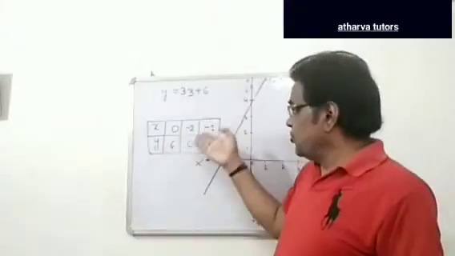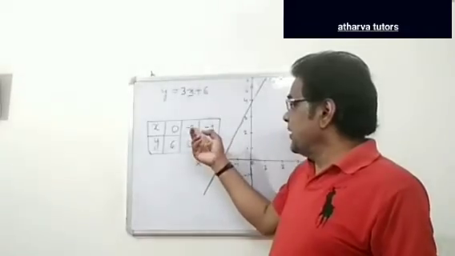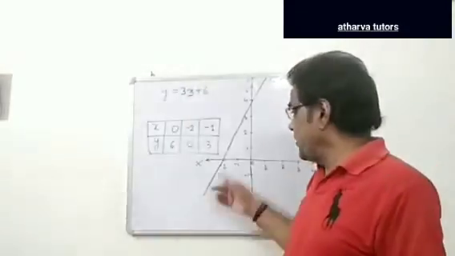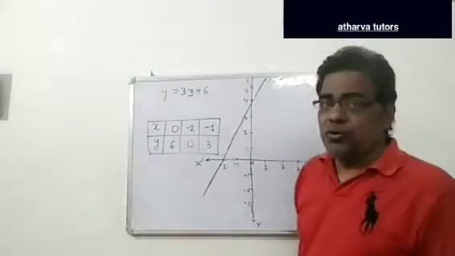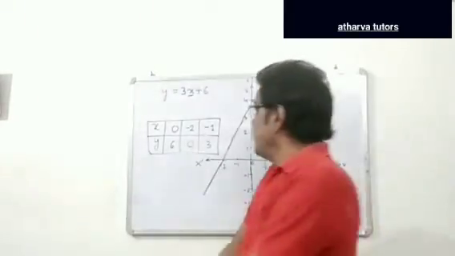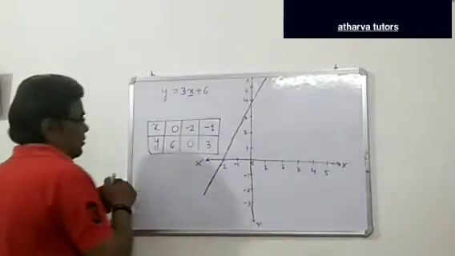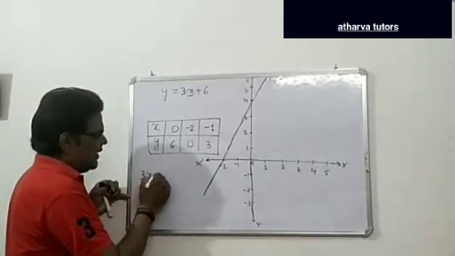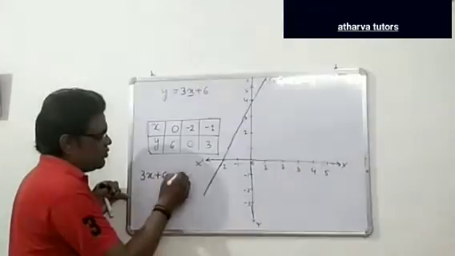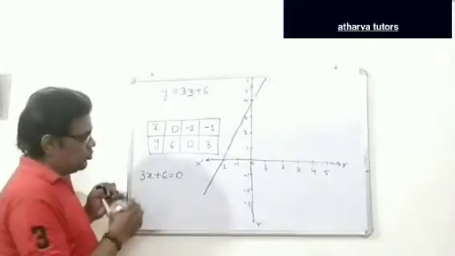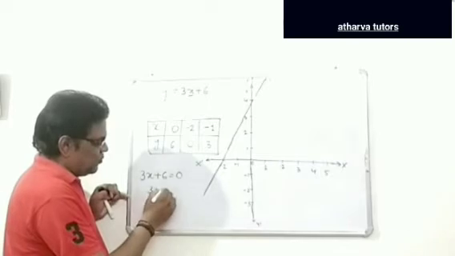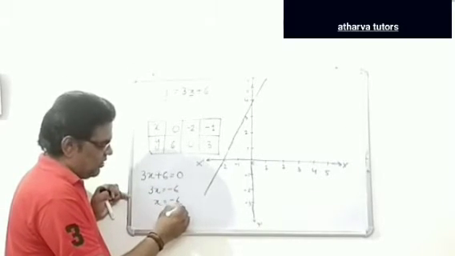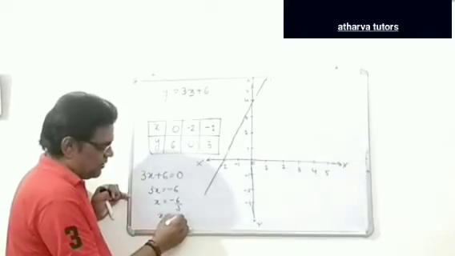You can see also, if you are taking x equals minus 2, overall you are getting 0. Or the other way you can find it, like in earlier classes, even in 9th you have done, when you were asked to find the 0 of the polynomial, you used to do it this way. 3x equals minus 6, x equals minus 6 upon 3, x equals minus 2.